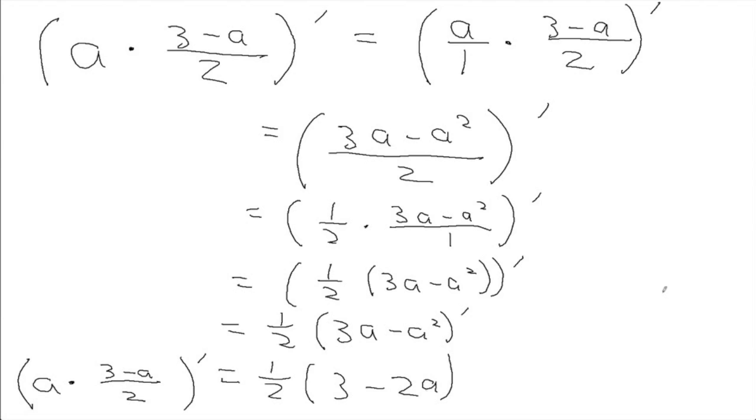Okay, so we started with a times a fraction. And then we just made it 1, 3a minus a squared over 2. And we try to take the derivative. But fortunately, it will take too long.